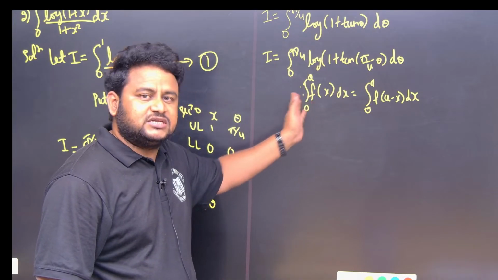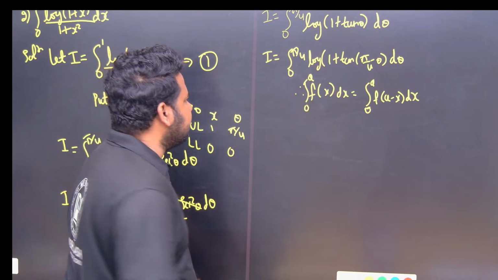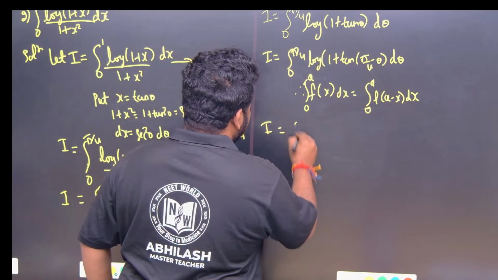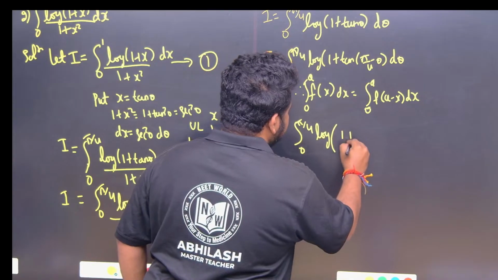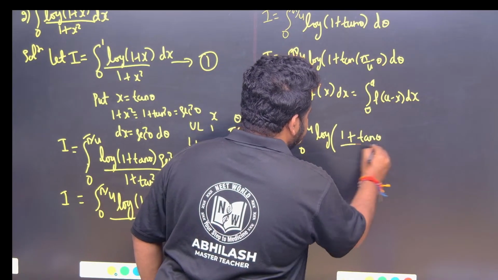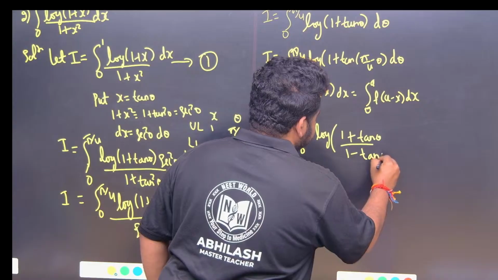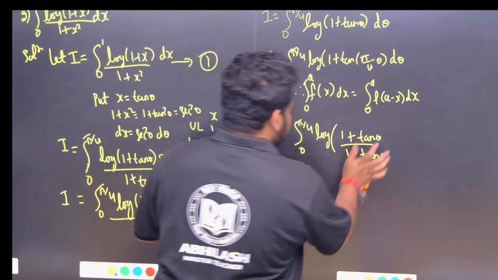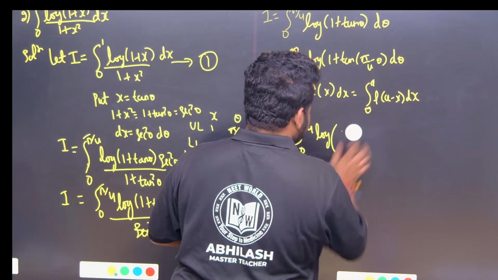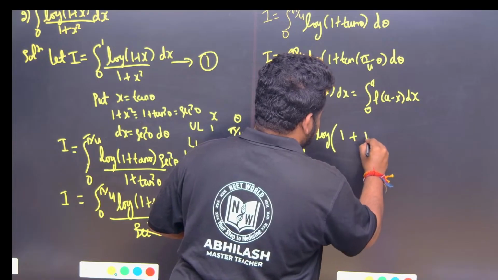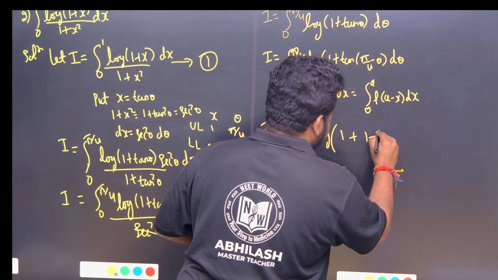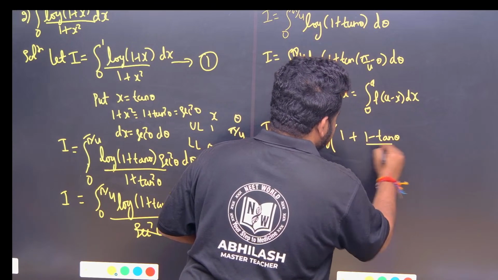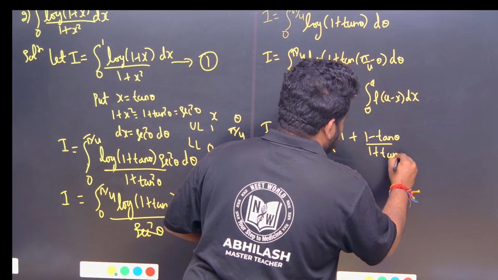So this will become 0 to pi by 4 log of 1 plus, 1 minus tan theta by 1 plus tan theta, d theta.